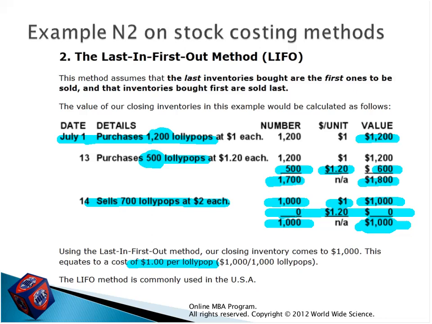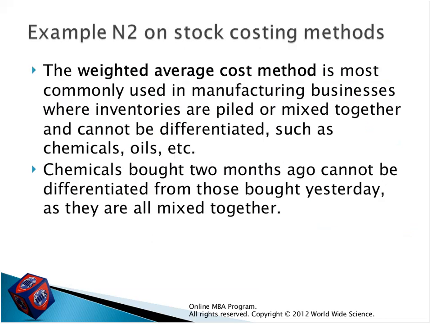So let's see the next one. We have another method, the average costing method. Let me show you. A little explanation about the weighted average cost method: it is most commonly used in manufacturing businesses where the inventories are filled or mixed together and cannot be differentiated, such as chemicals, oils, or other kinds of raw materials.